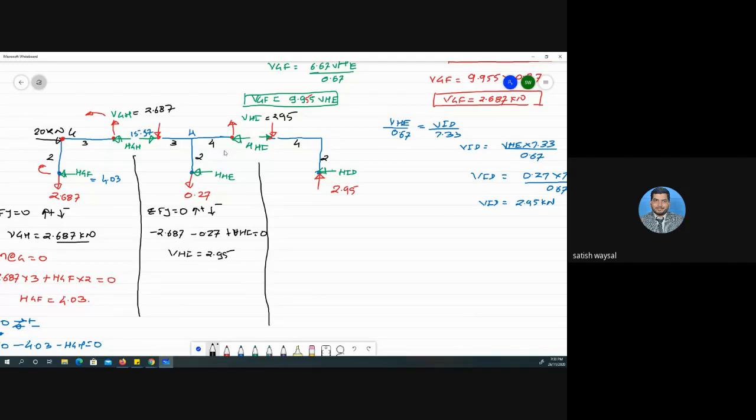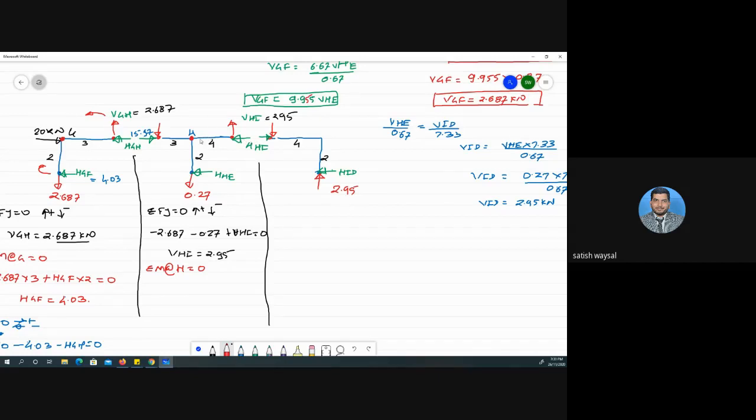Then the horizontals: one horizontal is not known to us, so we can take moment about H. Let us take moment about H is equal to 0, which means we are taking moment at this point. This horizontal is passing through the origin, so it will not create any moment.